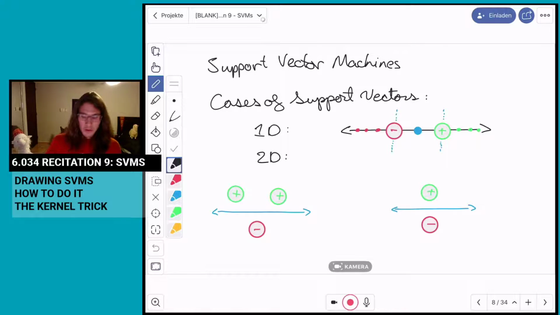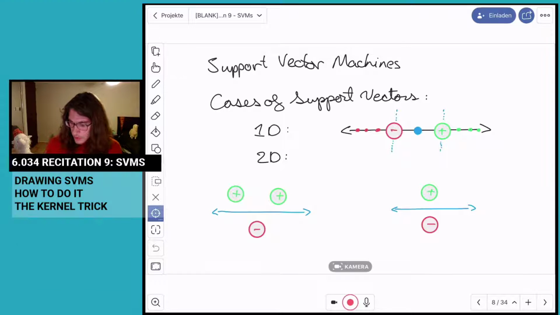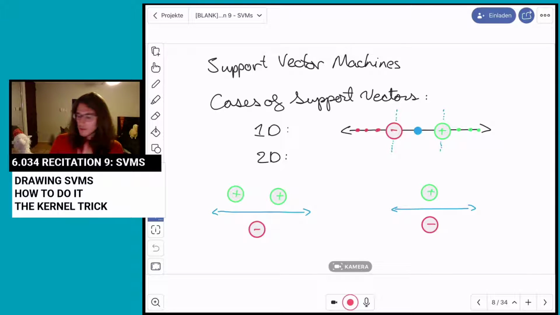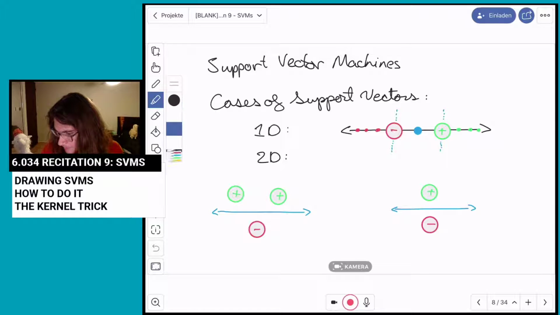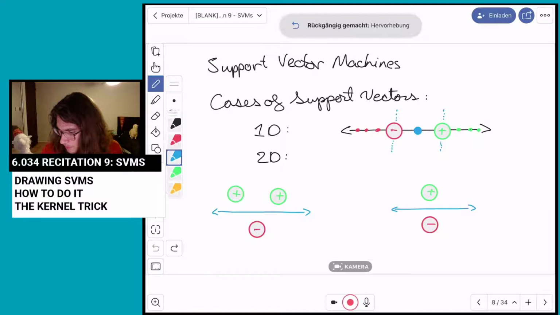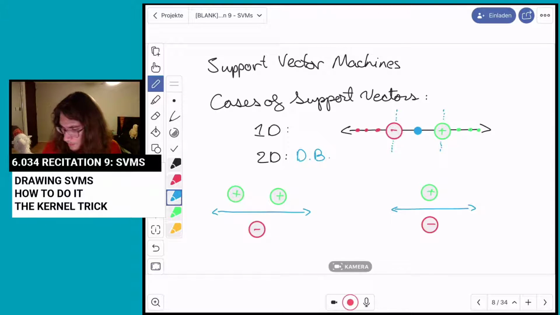And now let's think about 2D. There are 2 main cases in 2D. This is the one we just saw. There's 2 points on one side, a point on the other side that's more or less in between the 2 points, and then there's 2 points that are right against each other. So first off, perhaps the more obvious piece of information, the decision boundary is a line.